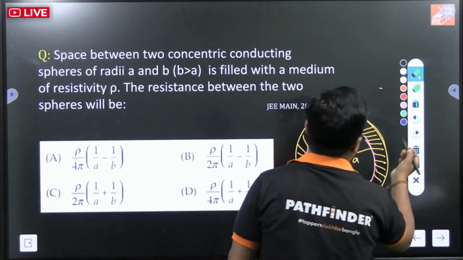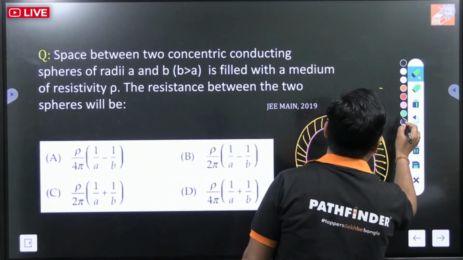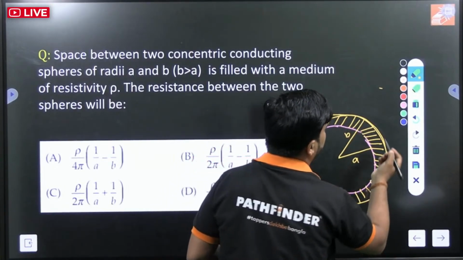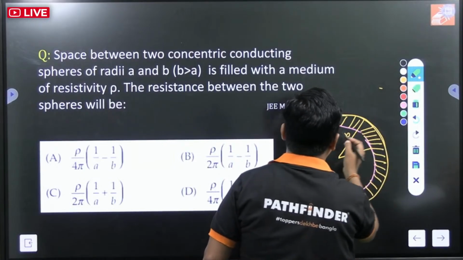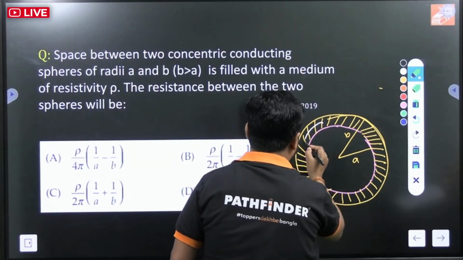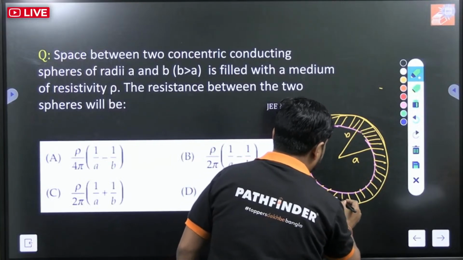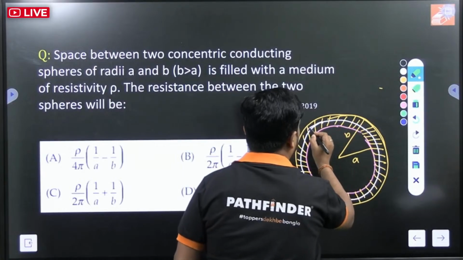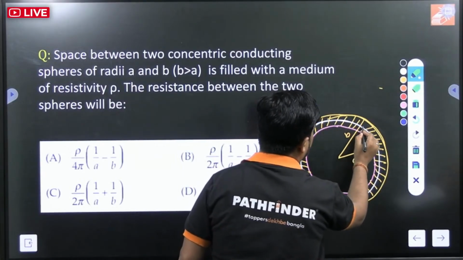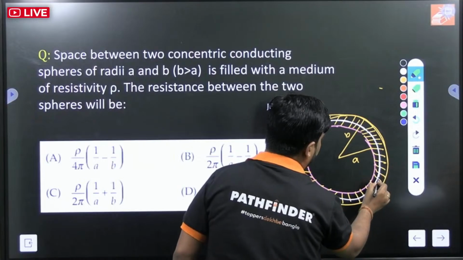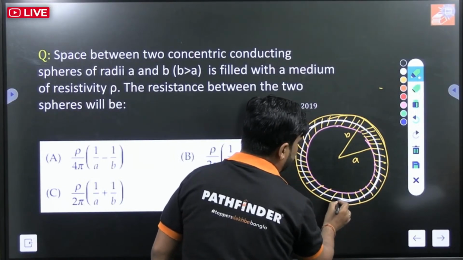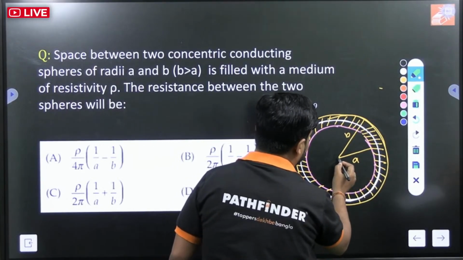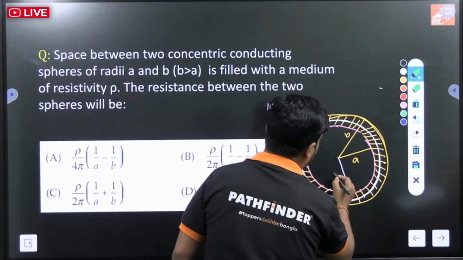Now what we need to do, ऐसे केस में जब भी इस तरह के क्वेश्चंस आएं जहां पे कुछ फील्ड है और कंटिन्यूअस बॉडी की बात हो रही है, तो एक छोटा सा एलिमेंट्री एलिमेंट लेंगे। You have to consider a differential sphere, जिसका थिकनेस है dx, which is at a distance of x.